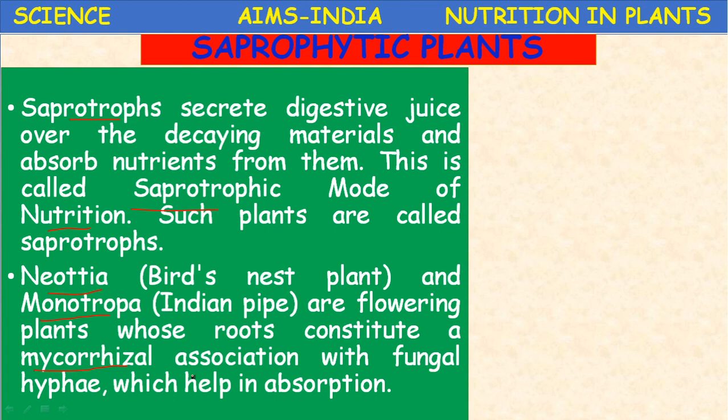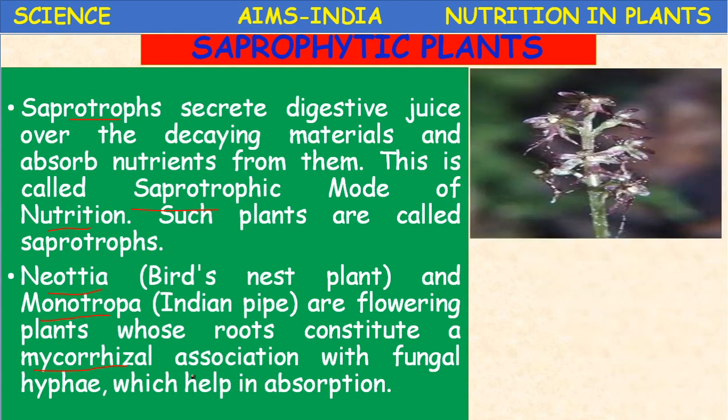The roots of these plants contain mycorrhiza, a type of fungi, whose hyphae help them in absorption of nutrients. That's why they come under saprophytic plants. This is Neottia. It is a bird's nest plant because the plant appears to be like a bird's nest.